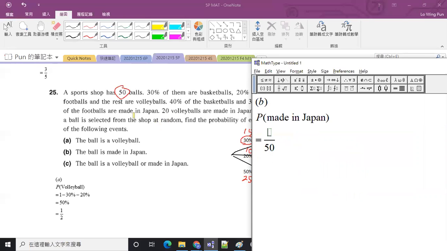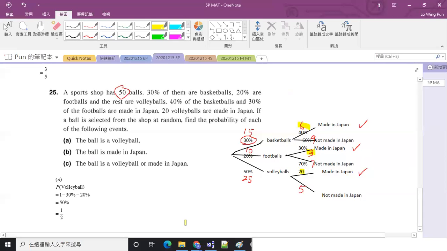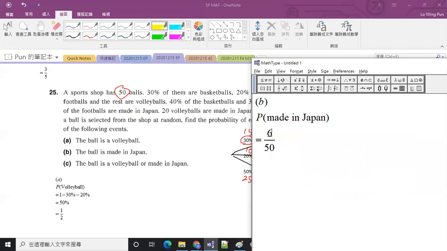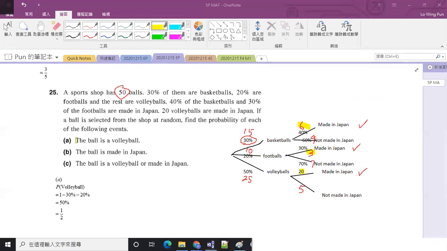And then among these 50 balls, how many of them can satisfy this requirement that is made in Japan? Will be 6 plus 3 plus 20. Okay? 6 plus 3 plus 20. You get this? Okay, and that should be equal to 29 over 50. And that is the answer of part B.